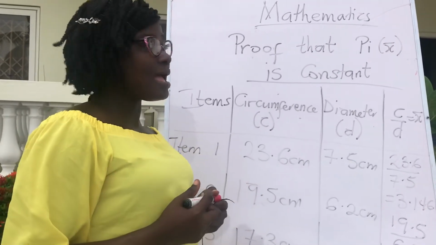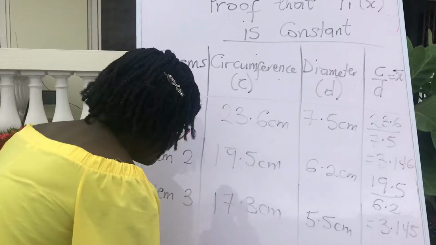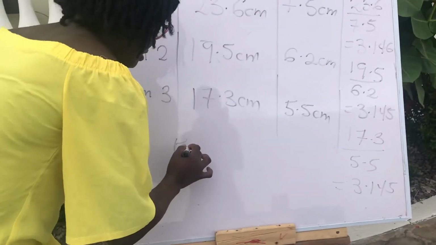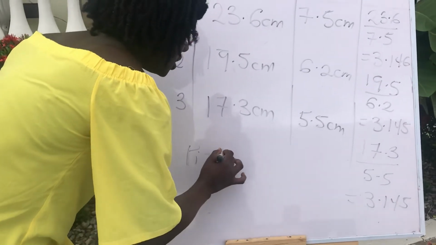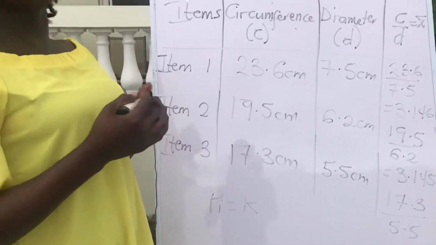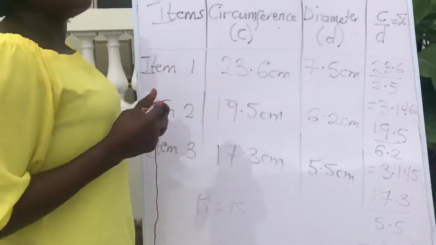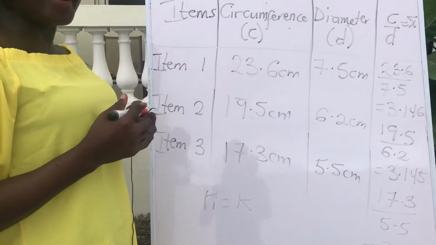that pi is constant. But the Greek people use a symbol for pi.